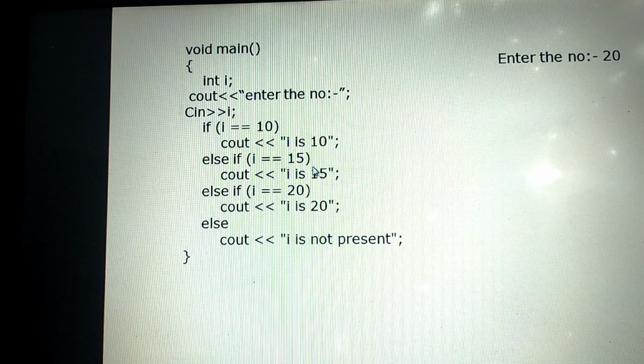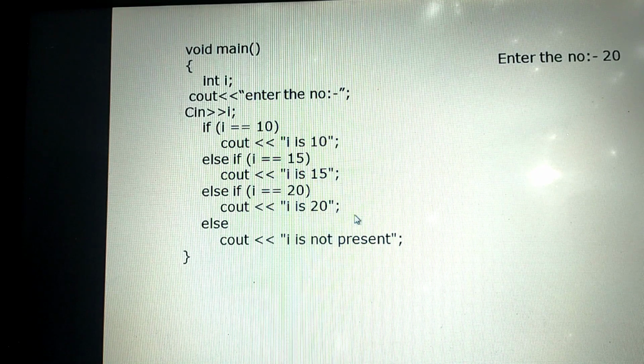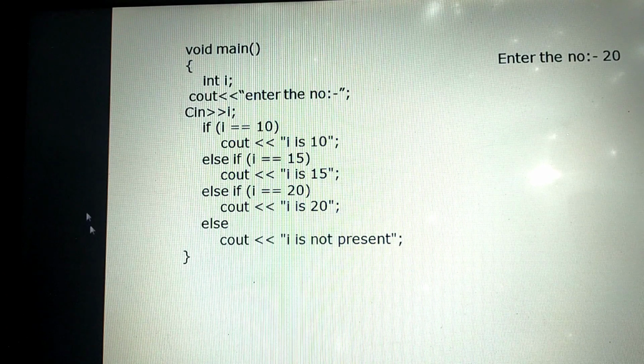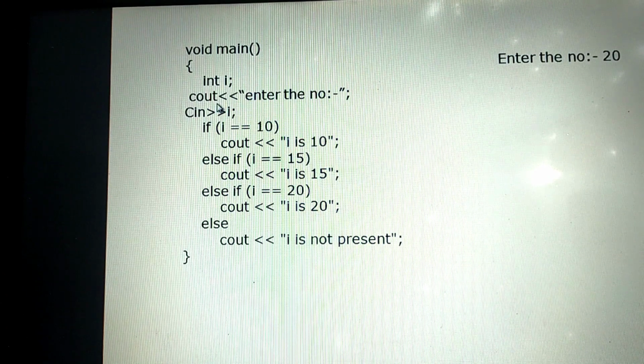No, 20 is not equal to 50. Again, the statement which follows will be ignored. It will come to the next else if statement and check whether the value of i is equal to 20, which is correct now. It will display the message i is equal to 20. Then the program will close. So we can implement the ladder if in the program.